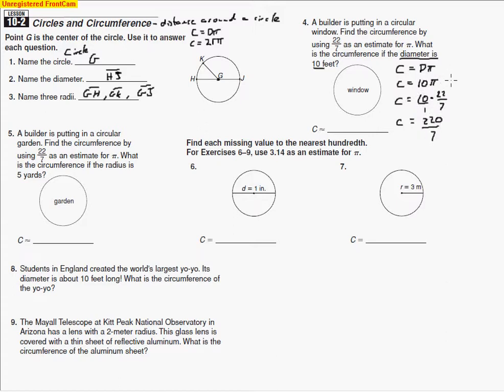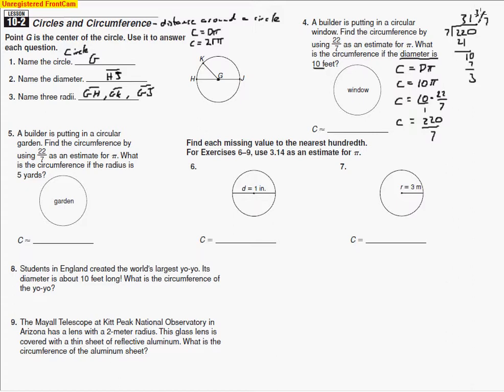So now we just have some division to do. So we'll go ahead and set that division up off to the side here. 7 into 220. So 7 goes into 22 3 times, and we have 1 left over. 7 goes into 10 1 time with 3 left over. And I'm going to leave it as a mixed number here.